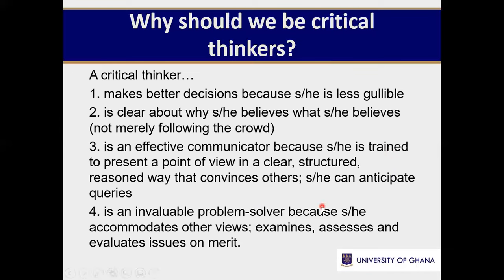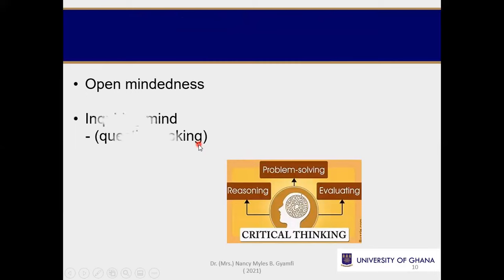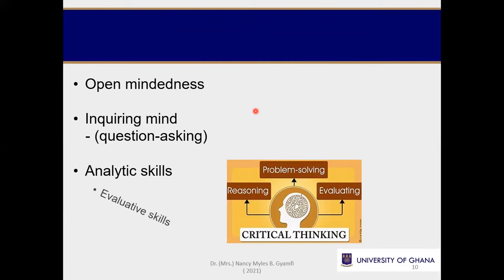The critical thinker is an invaluable problem solver. If you know the various aspects of a matter, and you know that it could be that the security man has an issue with the secretary, then you won't just accept, she's the last person who left the office yesterday, so she stole the laptop.